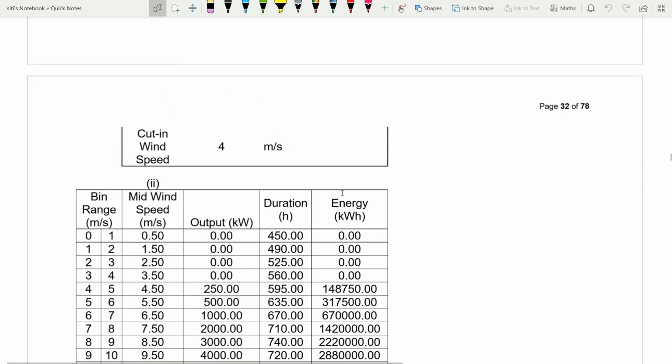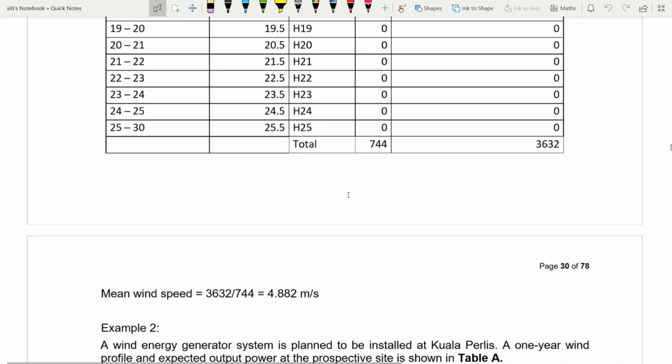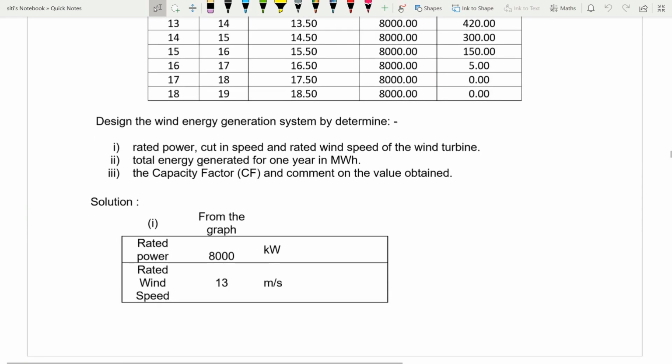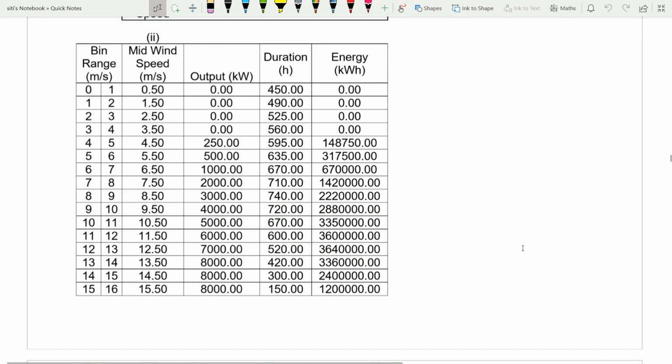Now number 2, the total energy generated for 1 year in megawatt hour. All of these come from the measurement, and the number of hours is also from the measurement. Then calculate the energy, which is power multiplied with duration.